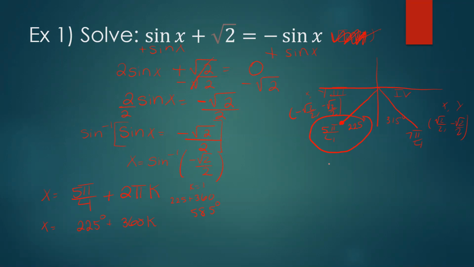Same thing with this answer: x equals 7 pi over 4 plus 2 pi k, or in degrees, 315 degrees plus 360k. Either answer would be okay because they're the same thing. Okay, let's move on to example 2.